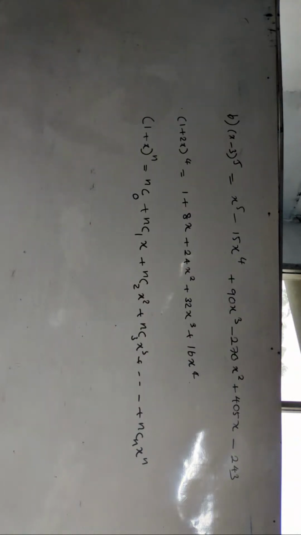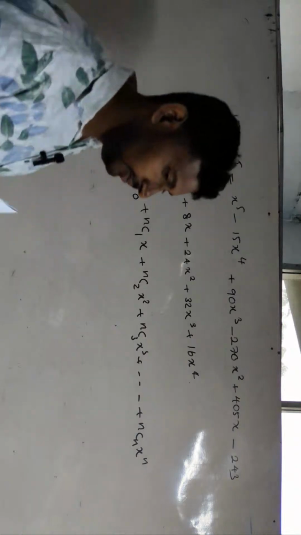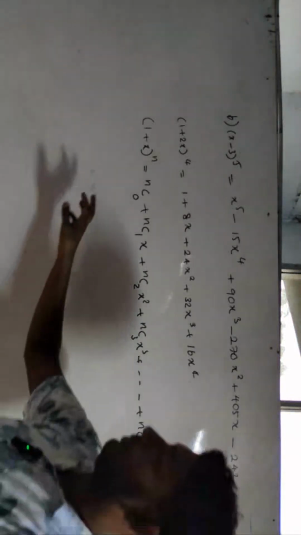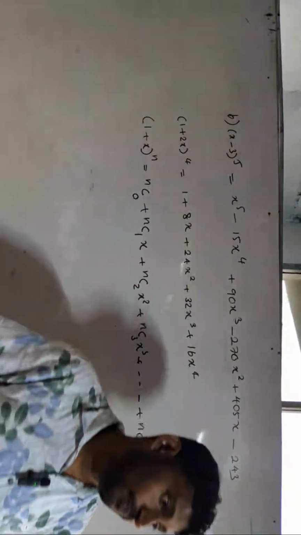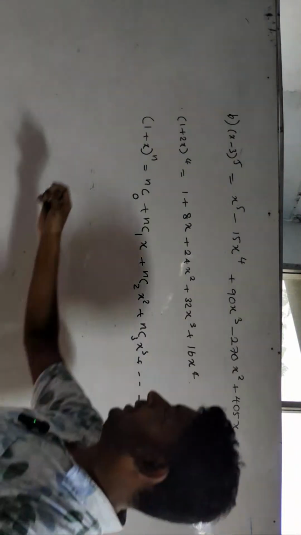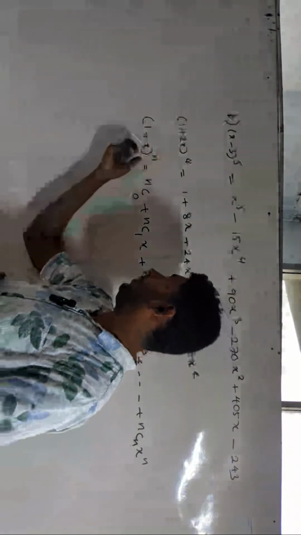So let's write down this as well. If we consider the expansion of 1 plus x to the power of n, put a comma, then write down this one: 1 plus x to the power of n.